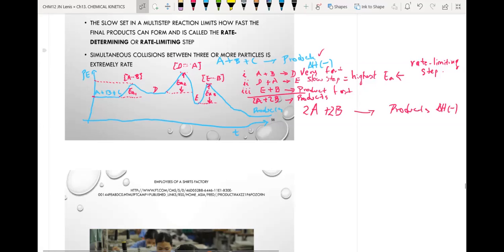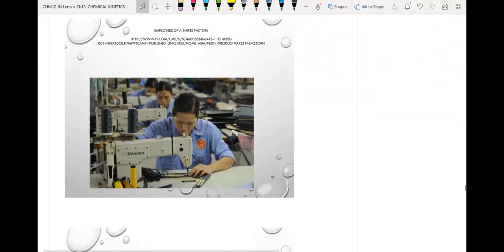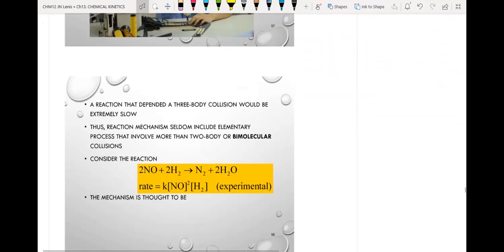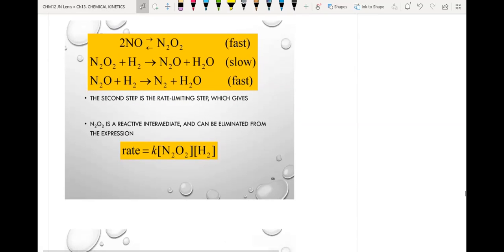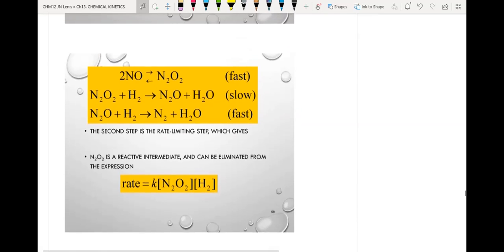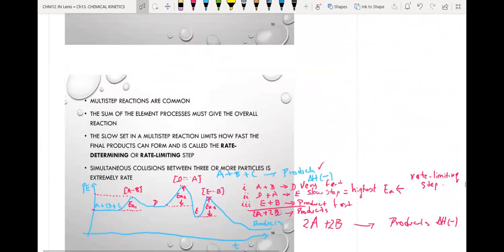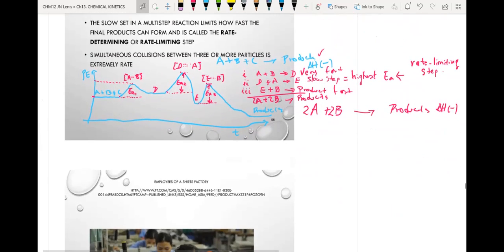These species that can show up during the steps but are not part of the overall reaction are called intermediates. They are not part of the overall reaction. They are not part of the rate law.